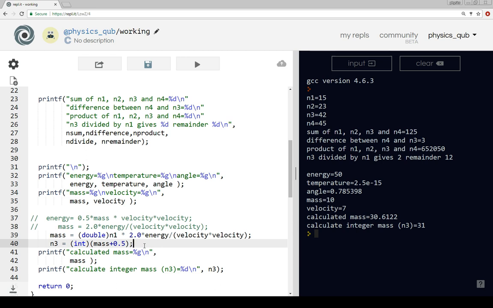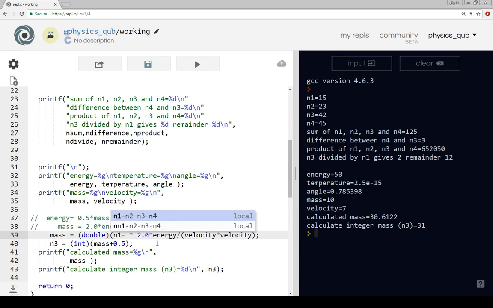I'm just wondering what we can do. I want to show you, let's make this n minus 4. So n is 15, so n1 is 15 minus 4, n1 is 11. Just see what happens there.